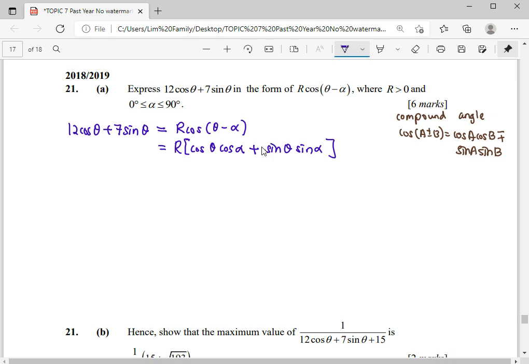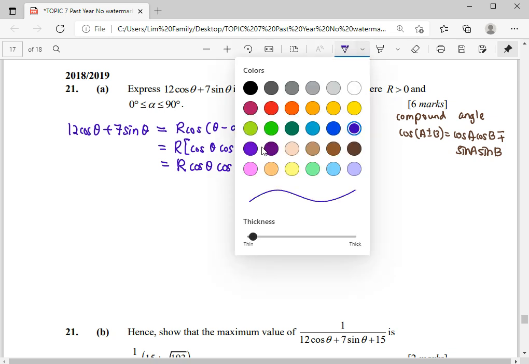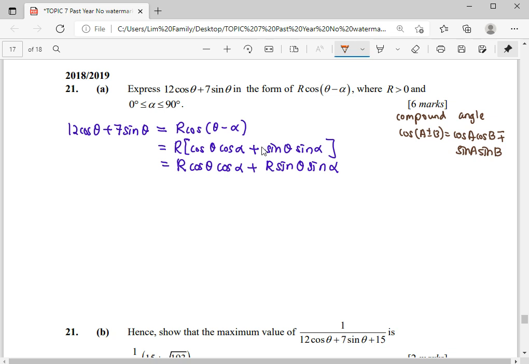Then we expand, it will become R cos theta cos alpha plus R sin theta sin alpha. So when you want to express it in this R compound angle, actually we have to find out what is our R and what is our alpha. Angle theta will be maintained.